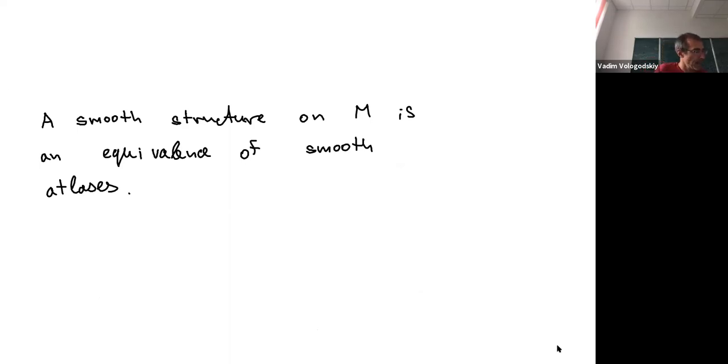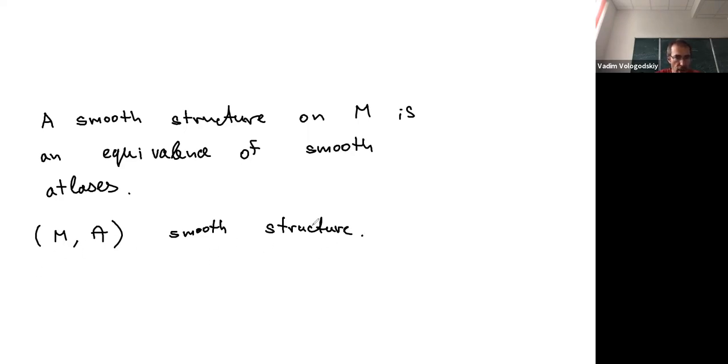Suppose I have a smooth structure on M, an equivalence class of smooth atlases. Then the manifold together with its smooth structure is called a smooth manifold.